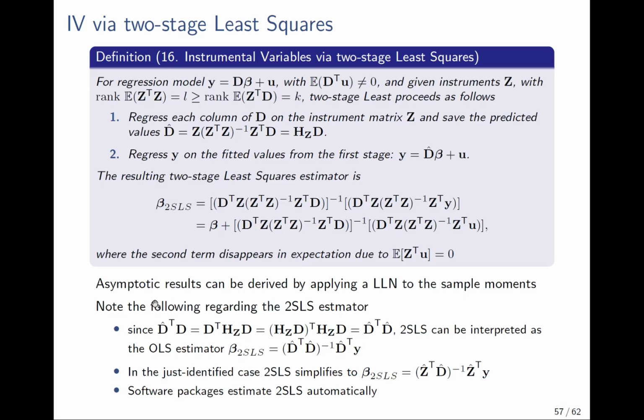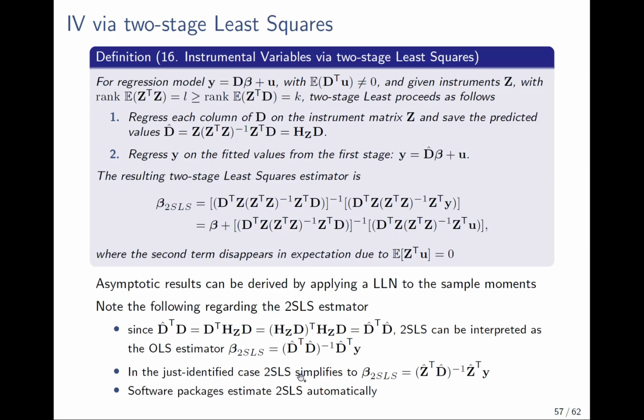And we can derive asymptotic results. We won't do it here, but by applying a law of large numbers to these sample moments, that would be straightforward. There are a few notes here about the two-stage least squares estimator. First is that it can be interpreted as OLS in this form here. That's just telling us that that's essentially an OLS regression on the fitted values.